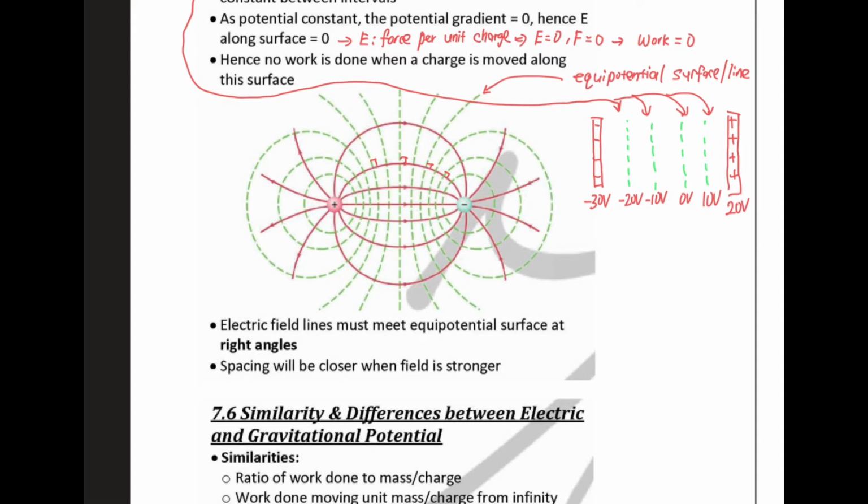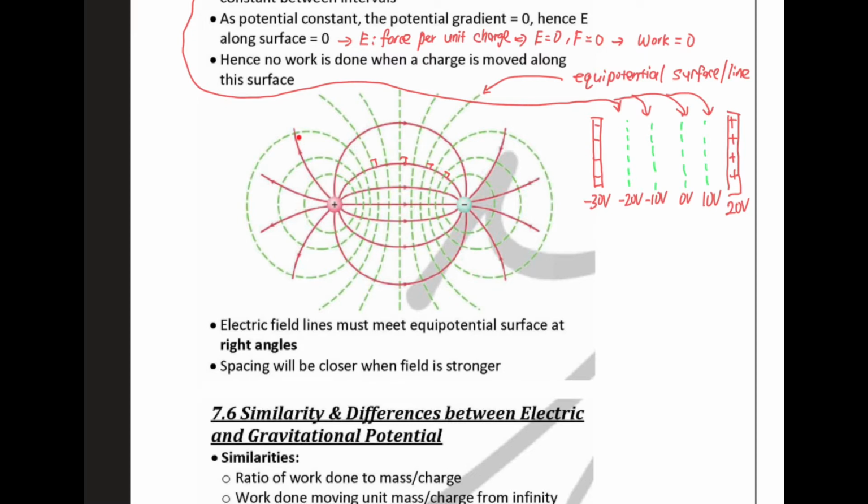Spacing will be closer when field is strong. For example, when you see the red color arrows around the charge, you can see many arrows, meaning that the field is strong around here.